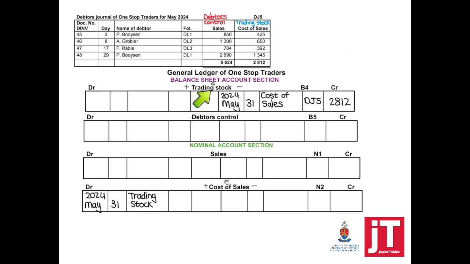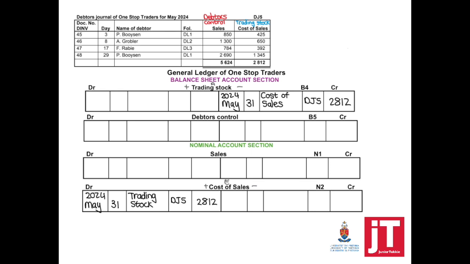And what is the contra account? Trading stock from the debtors journal number 5 and amount 2,812. Can you see that we've applied the double entry principle? And secondly, our expense is going to increase if goods are sold on credit because there's a cost involved.